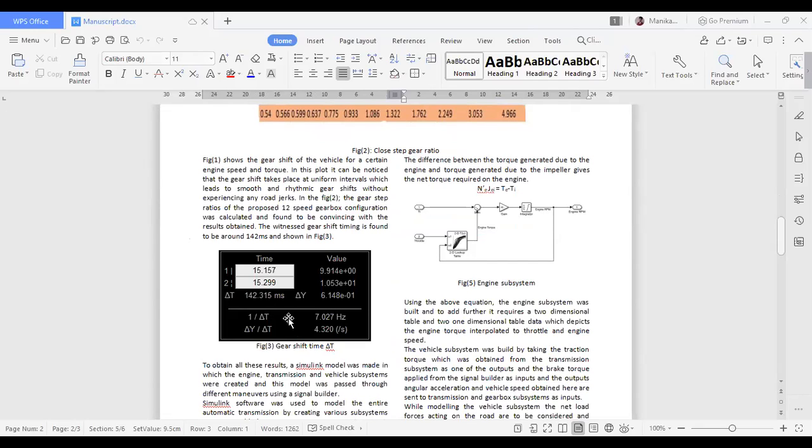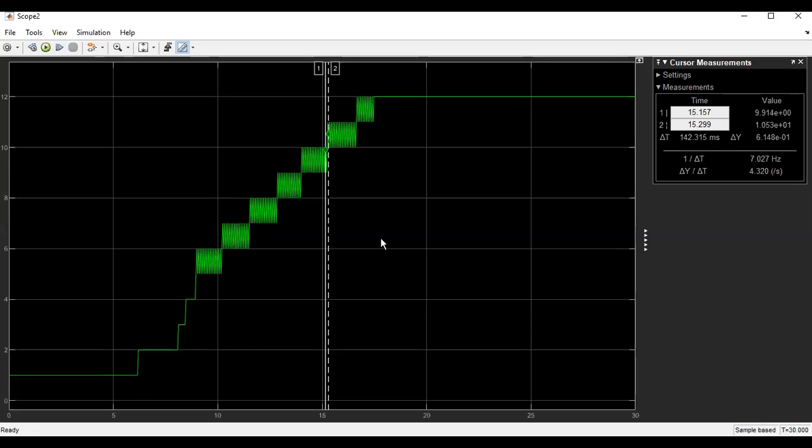It was also observed that the gear shift time between one gear to another is around 142.315 milliseconds, and this can also be shown from the graph plot which I got. These are the shift intervals of this 12-speed gearbox. Suppose I have considered a gear shifting from 10th gear to 11th gear.